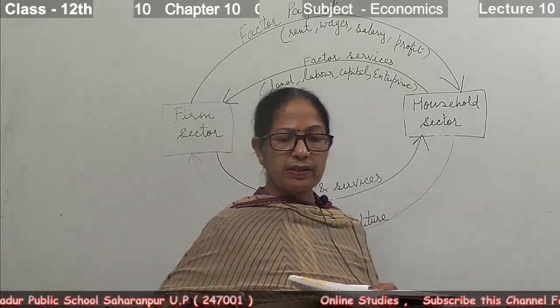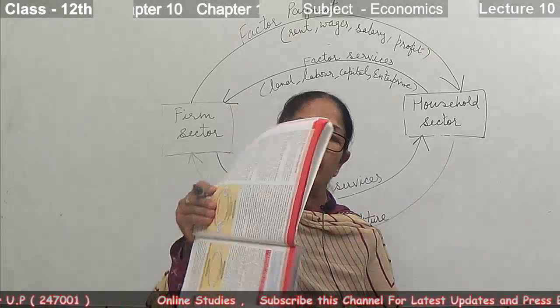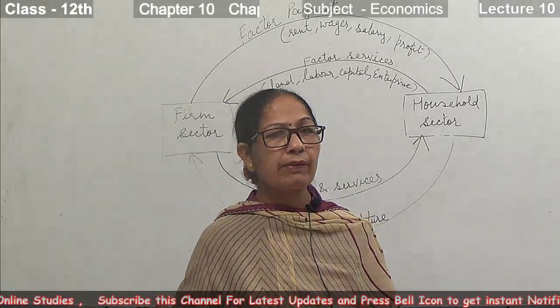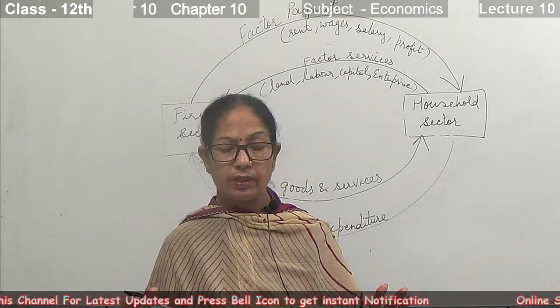This flow always goes on, it never stops. If it stops, then production work will end. So it is circular flow of income in a two sector economy.